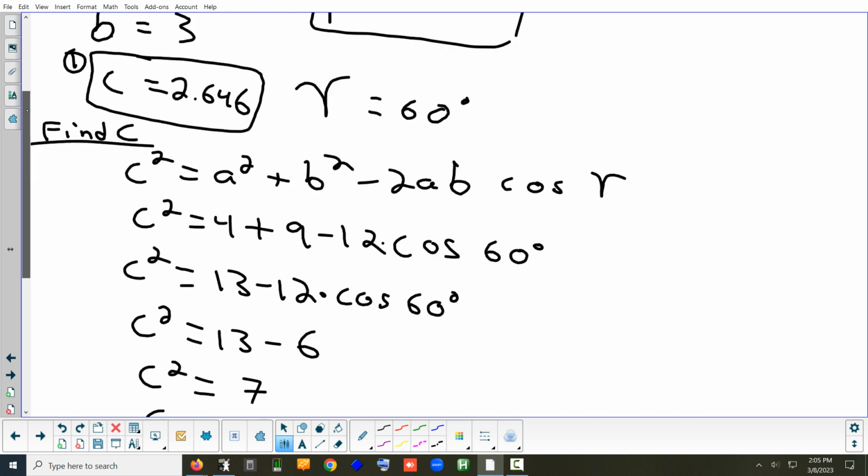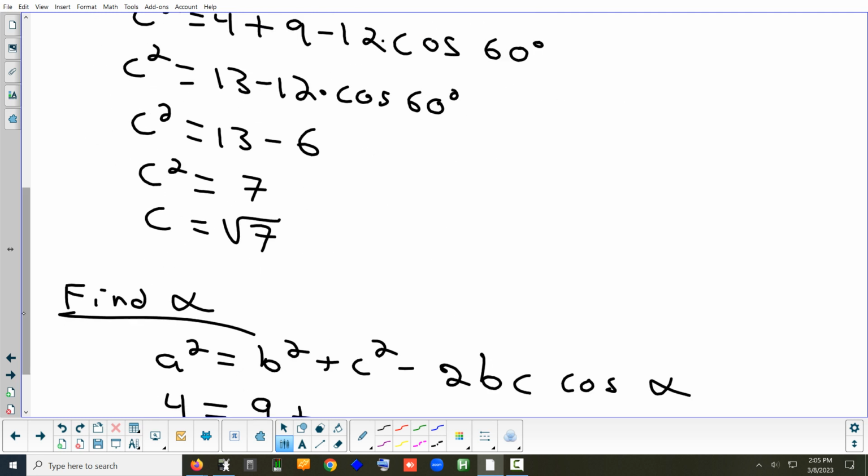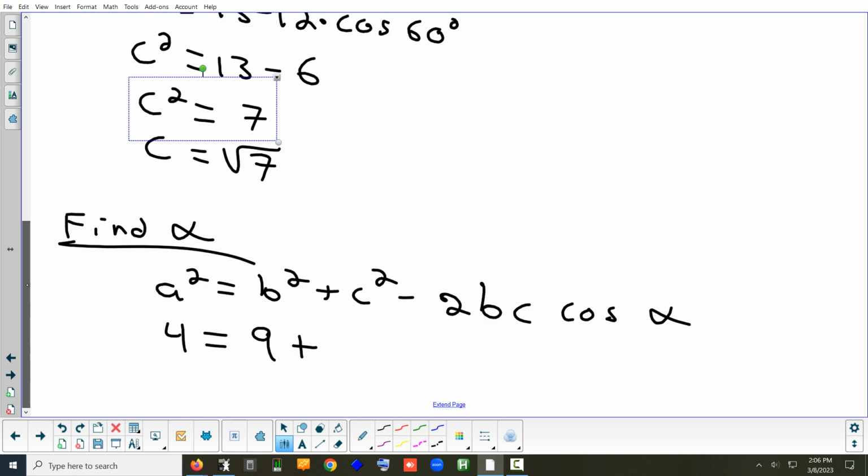A lot of people go back and they say, okay, well, I'll take 2.646 and square it. Why? You already have c squared right here. C squared is 7. If you take 2.646 and square it, you're probably going to get like 6.999 or something. So c squared is 7.